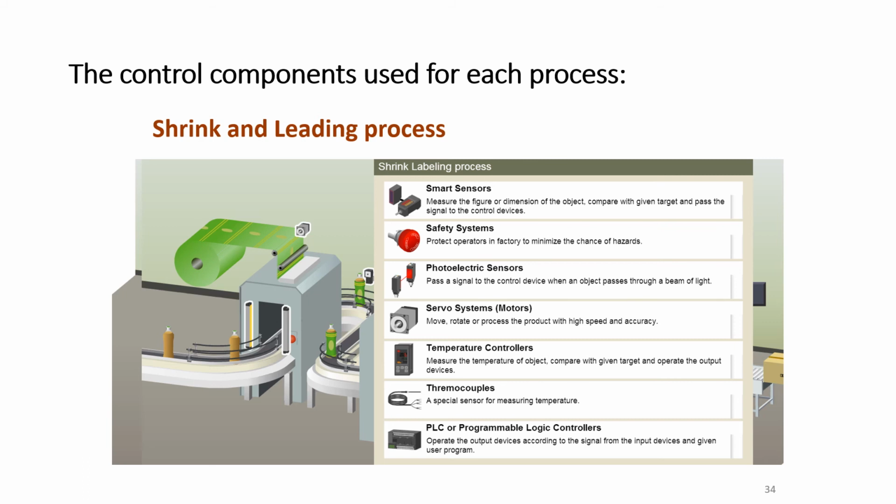The next element is thermocouples. They are a special sensor for measuring temperature. And finally, PLC or programmable logic controllers. So you could see that each process usually has a PLC.